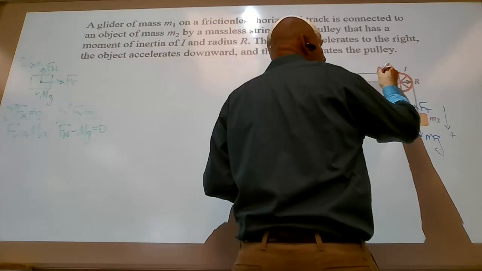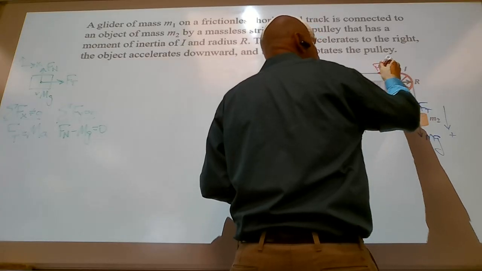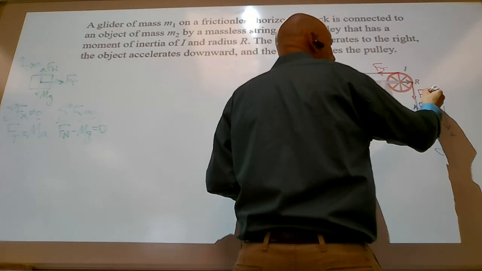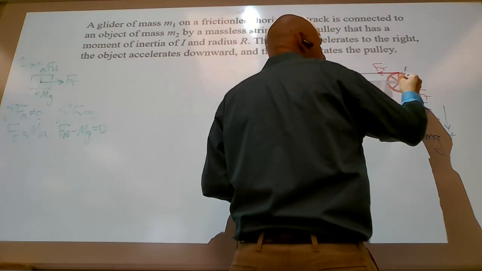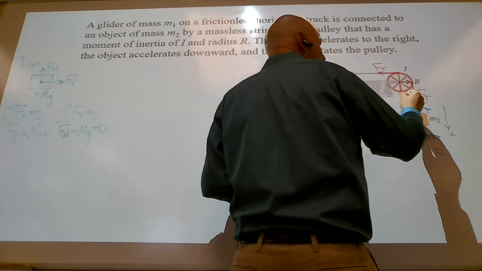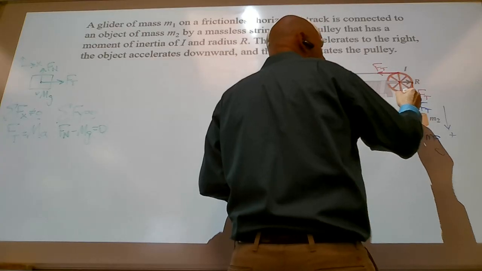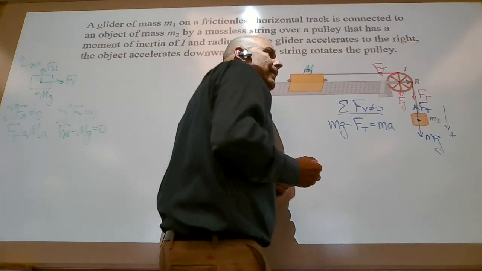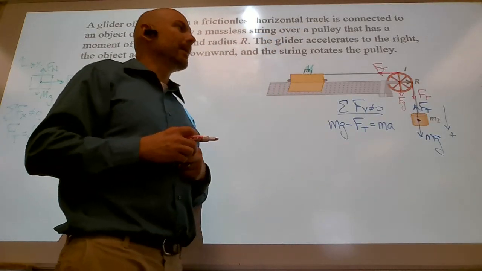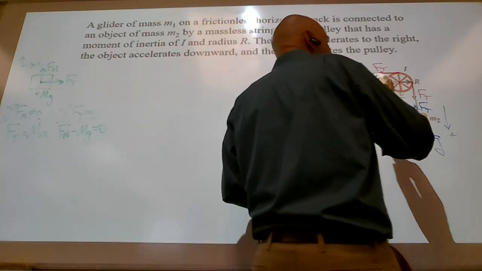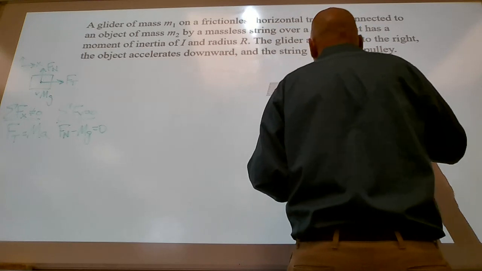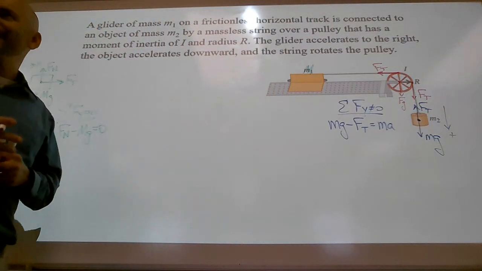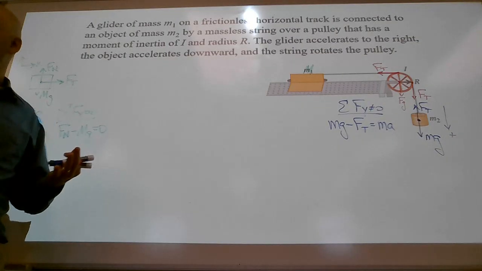So here we have force of tension, force of tension, and gravity. I'm just going to put FG. I'm going to go hardcore on this one so you can see the full thing.